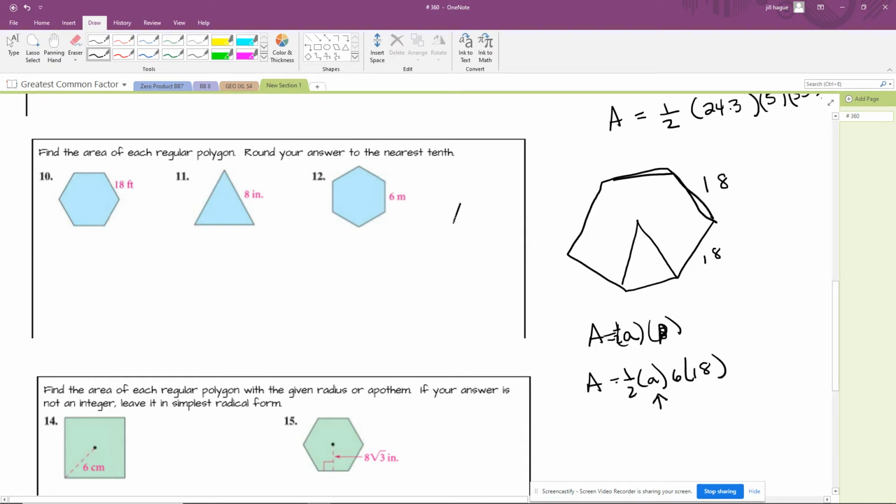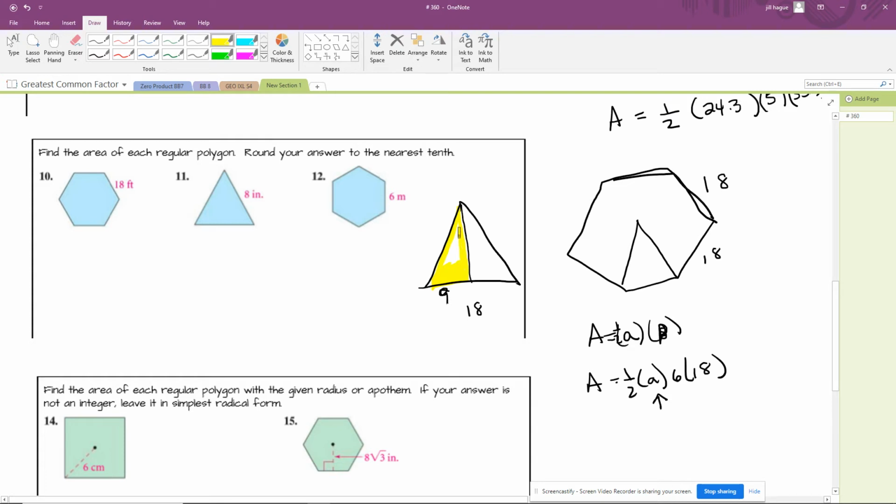I'm going to draw it out for you here. How do we find the apothem, which is this right here, if we know the bottom is equal to 18? Well, if the bottom's equal to 18, this little piece right here is equal to 9. So really I'm trying to focus on this triangle right here.